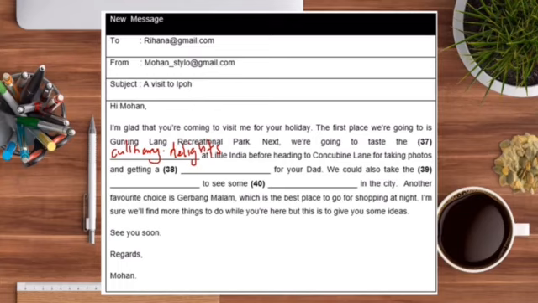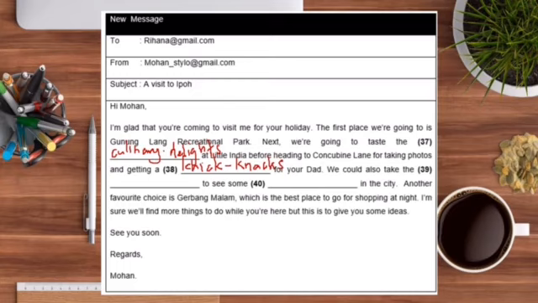Before heading to Concubine Lane for taking photos and getting blank, you just refer to the Concubine Lane column, then you will get the answer. So the answer for number 38 is knickknacks. Make sure you write the correct spelling.